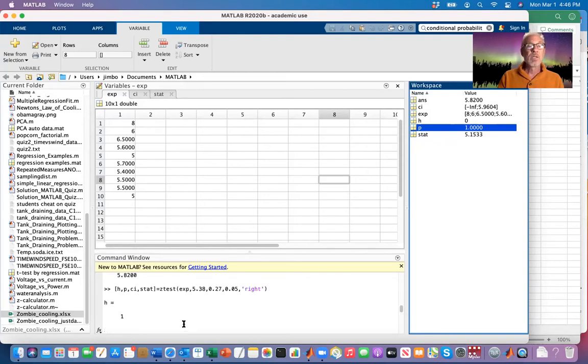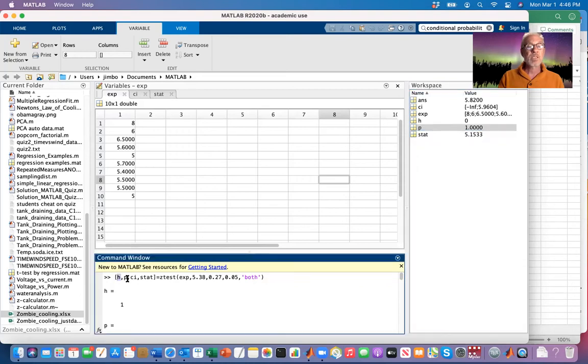Very simple. Call in your vector of your sample, okay? H, hypothesis test result: 0 if we fail to reject the null hypothesis, 1 if we reject the null hypothesis. The actual probability that our sample could have been drawn from that population, which in our case here, well, that wasn't very good. We'd have to run it again. Sorry.